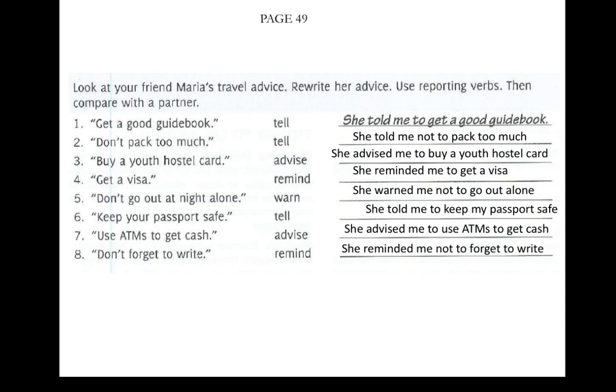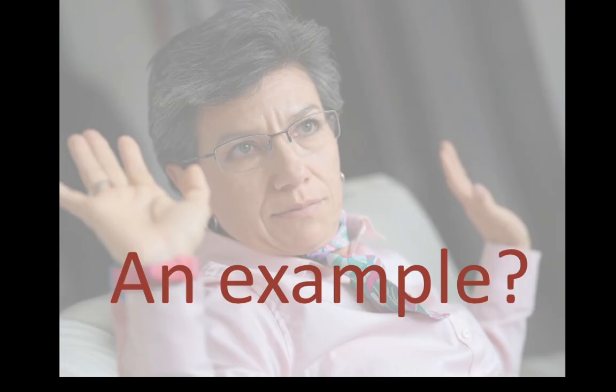So she reminded me not to forget to write. Thus, that is the correct use of tell, advise, remind, and warn when you are reporting something somebody advised you or somebody else, or something that somebody commanded you or somebody else in the past.